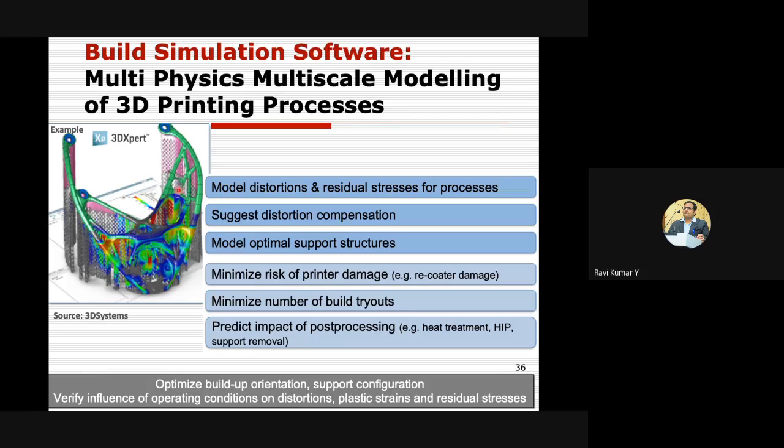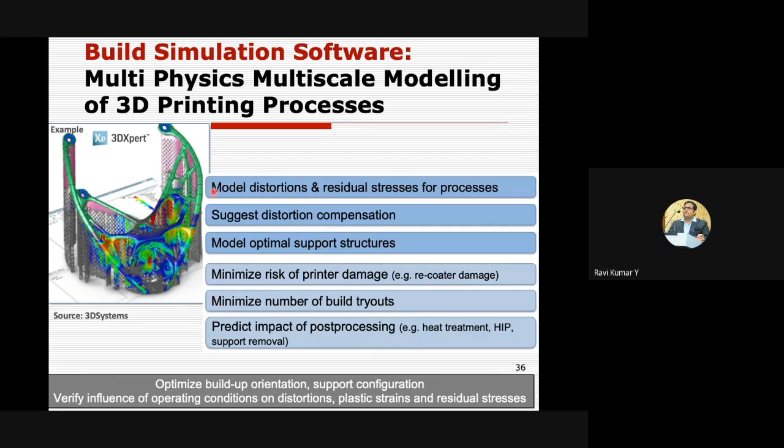If you are working with metal printers, the cost of the material may be say 5,000 to 20,000 per kg, so you don't have the luxury to waste this powder or raw material. So definitely we need to do some kind of simulation before you fabricate in real time.